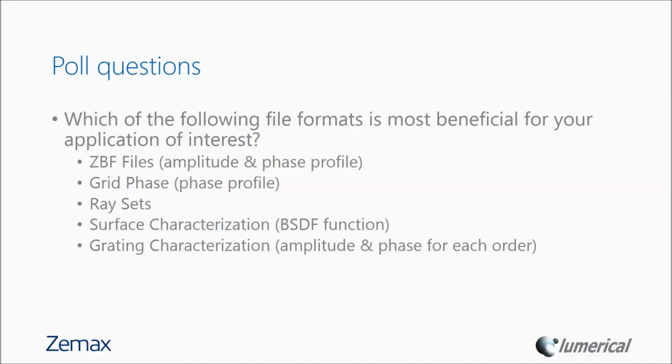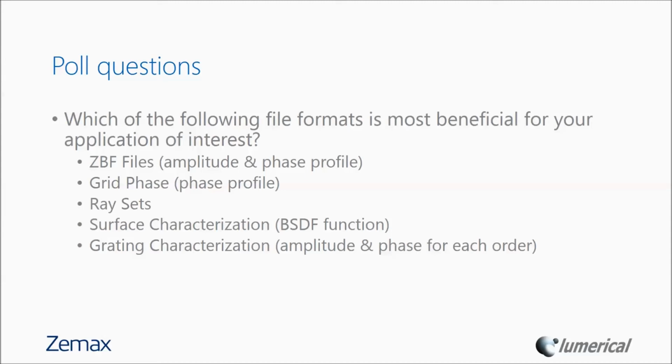Amy and Akil discussed the use of ZBF files, which are the first option shown in the poll here. These files contain the amplitude and phase profile from the near-field simulation from Lumerical software. This file can be opened in OpticStudio, and then the resulting beam can be propagated through the macroscopic optical system using OpticStudio's physical optics propagation. The next file type on the poll list is the grid phase file.